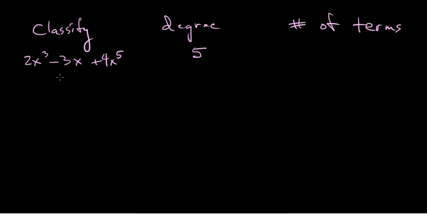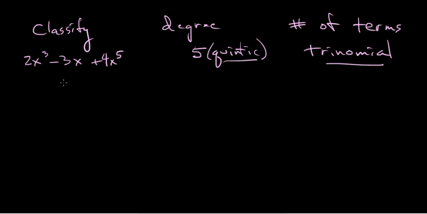Okay? How many terms do you have? 3. So it makes it a trinomial. So you have a quintic, because it's degree 5, trinomial. Quintic trinomial. Okay? Now, if the degree were 6, you don't have a term for 6. You say a trinomial in the 6th degree, or 6th degree trinomial, is what you would say.